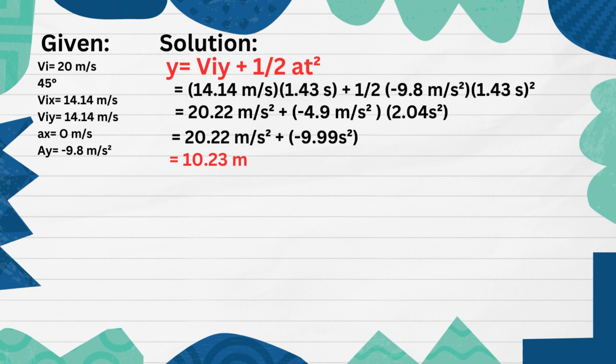In getting the x, which is the horizontal, here's the formula that we will use. X is equal to VIX times the time. The time we are going to use is the total time, since it is the horizontal one.